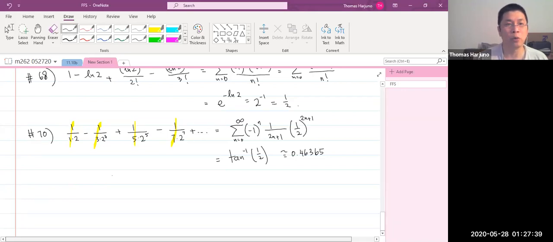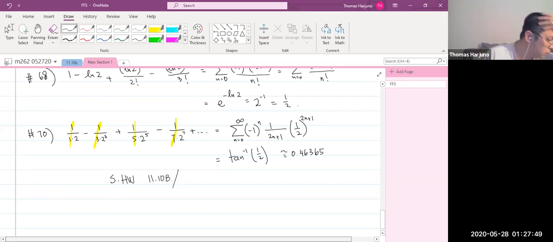Your suggested homework will be from this 11.10b. Number 25 to 37.